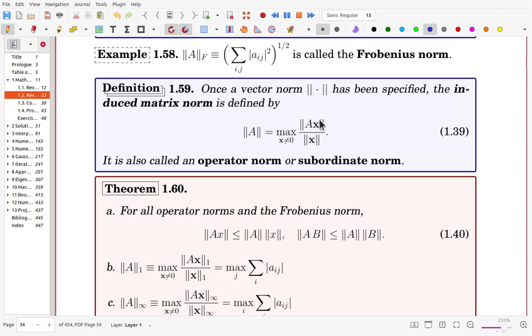So here, this is a vector norm over the vector norm of x, and for every possible non-zero x, we measure this quotient and try to get the maximum. That is the definition of the matrix norm. In this case, this matrix norm is defined from the vector norm, so we call it the induced matrix norm or a subordinate norm, and sometimes it's called the operator norm.